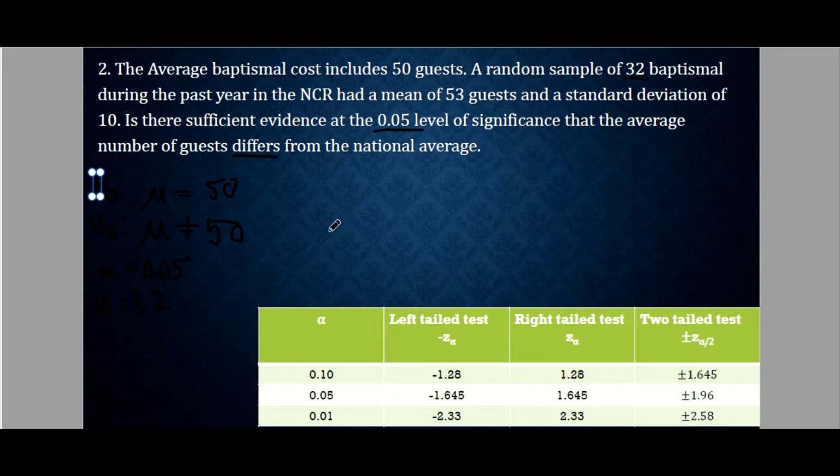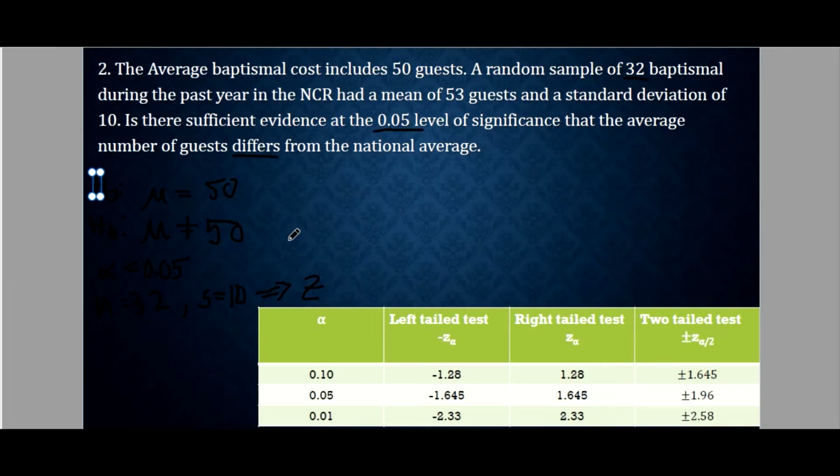And of course, the standard deviation is the sample standard deviation, which is 10. Now take note, our n is 32. It is greater than or equal to 30. So this means that this is a Z test or a Z distribution. We'll use the Z distribution.